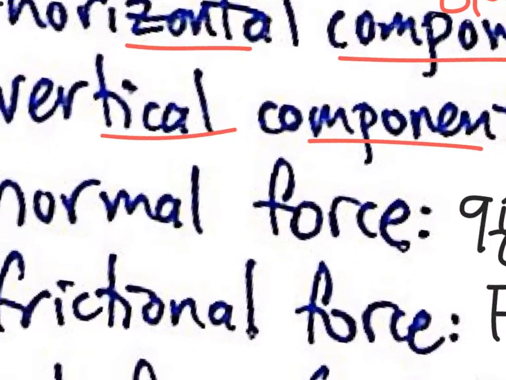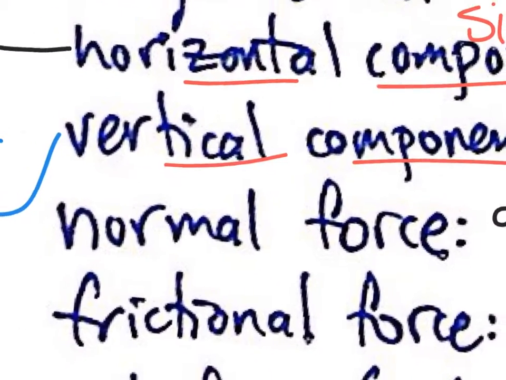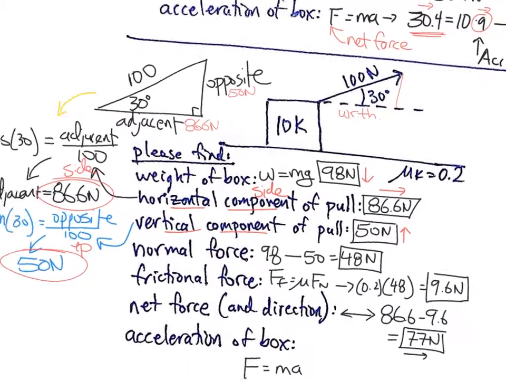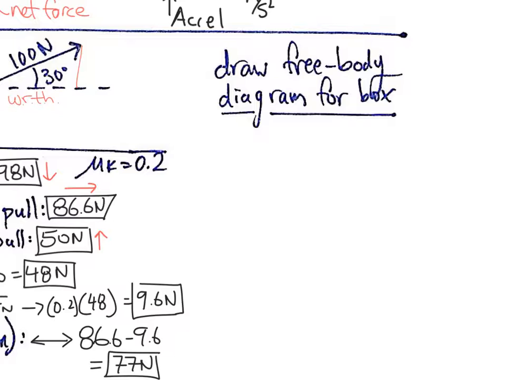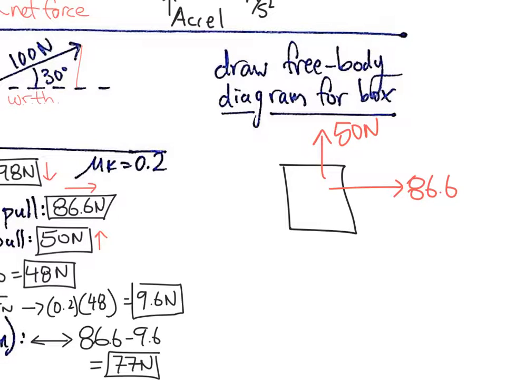So when we talk about normal force, this is the force of the ground acting up on the box. We definitely want a free body diagram. So let's think about this. Here we have the box, and we have pull. So let's go 86.6 and 50. All right, newtons.